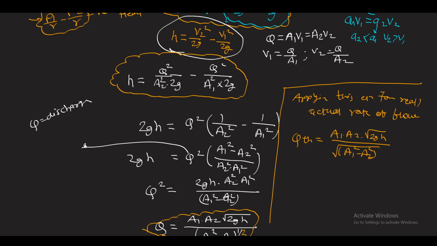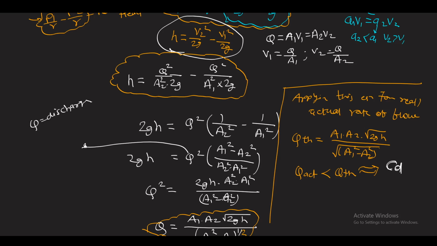So the actual discharge is less than the theoretical discharge. In order to relate these two discharges, Q actual and Q theoretical, a constant is introduced, and this constant is nothing but the coefficient of discharge, CD.